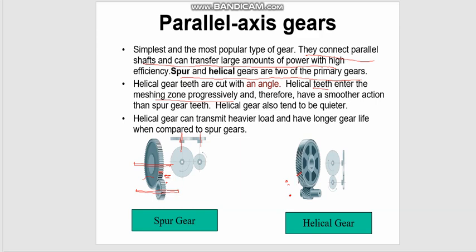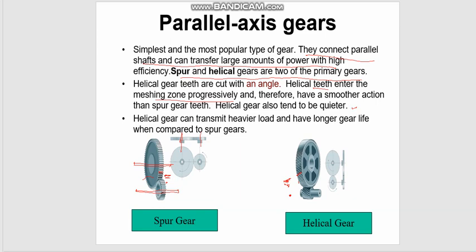Because of the slanted angle, the teeth will enter each other almost point to point rather than line to line. So that's why it has a smoother action than the spur gear, and it tends to be quieter. These are the two advantages of helical gear compared to spur gear.